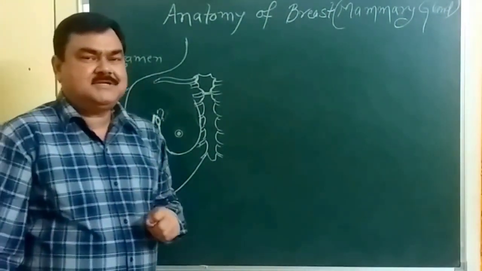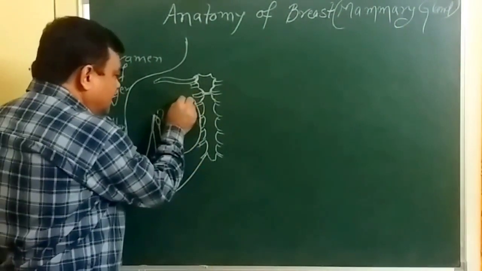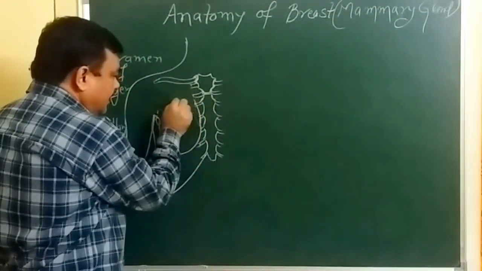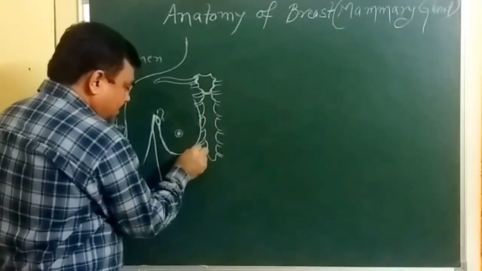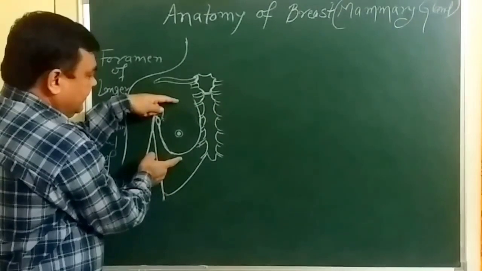Its vertical extension is from the second to the sixth rib.